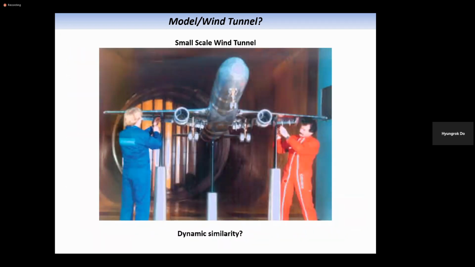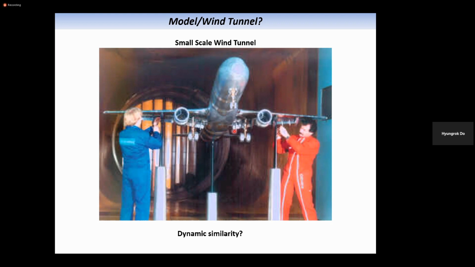So a small-scale model is still pretty good for detailed measurement. So for example, you are looking at a small-scale aircraft, not a real scale. In this case, maybe you will keep the flow velocity high enough, but the length scale is now reduced.